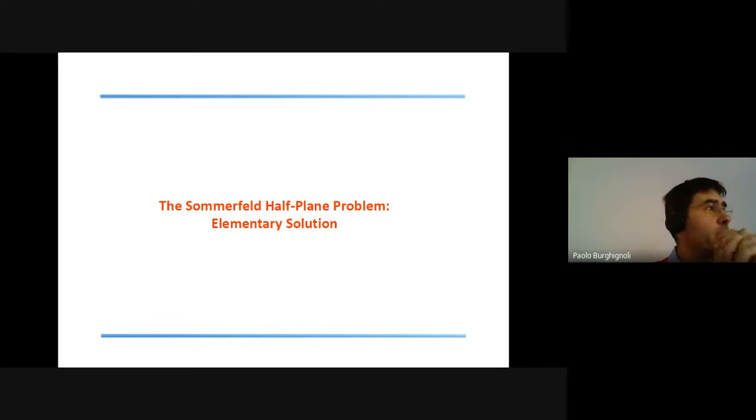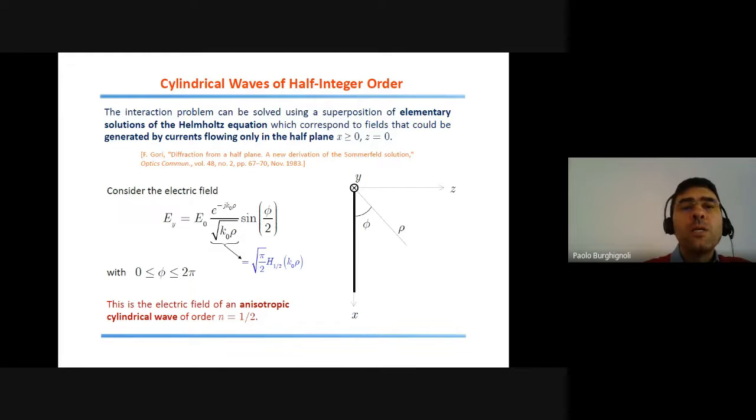Having said that, we are ready for illustrating the solution that Professor Gori found for the Sommerfeld half-plane problem, that is a solution in terms of elementary cylindrical waves. Consider, to start with, this elementary cylindrical wave that contains some amplitude term, E0, then a dependence on rho, which is given by the exponential e to the minus j k rho over the square root of rho, and finally, the dependence on the angle phi, which is the sine of phi over 2.